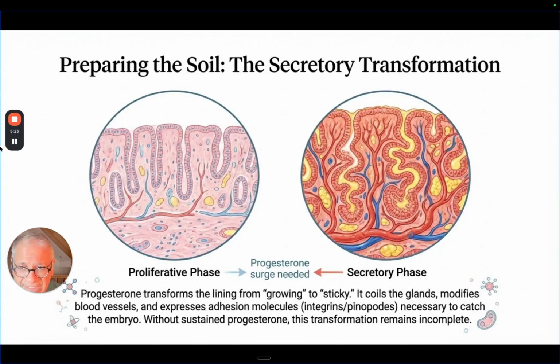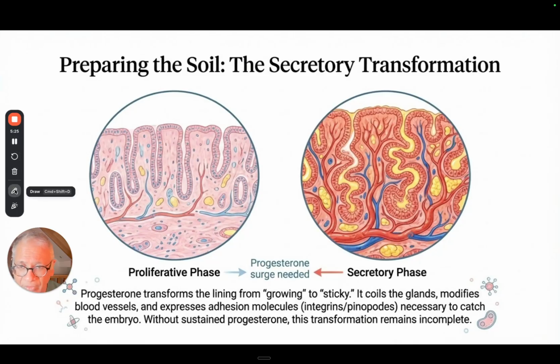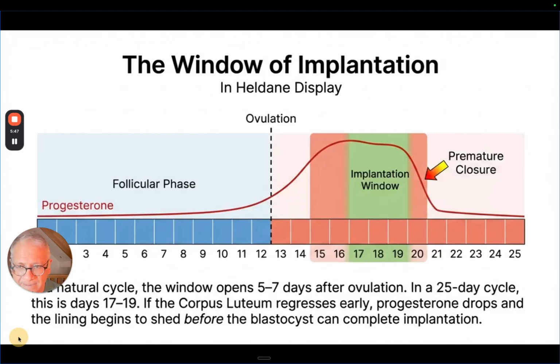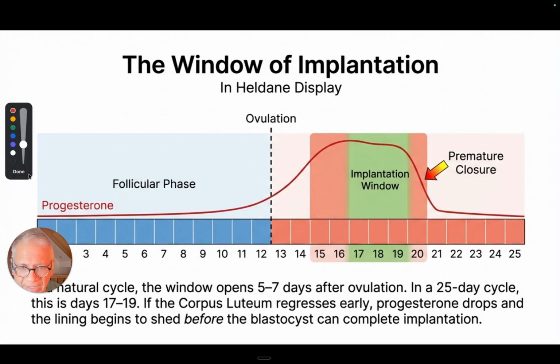Progesterone changes the endometrium from what you call a proliferative phase to what is a secretory phase. It expresses adhesion molecules necessary to catch the embryo. Without sustained progesterone, this conformation is incomplete. So when you look at the implantation window, the window opens 5 to 7 days after ovulation.